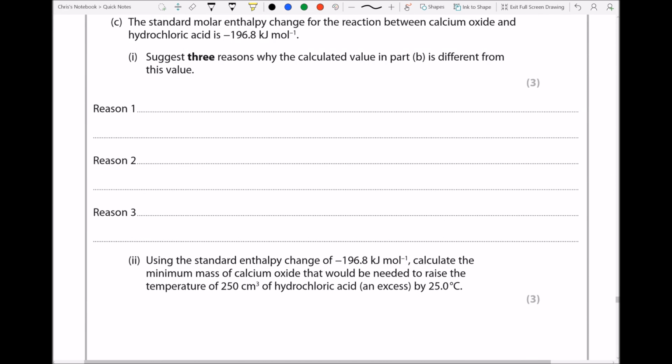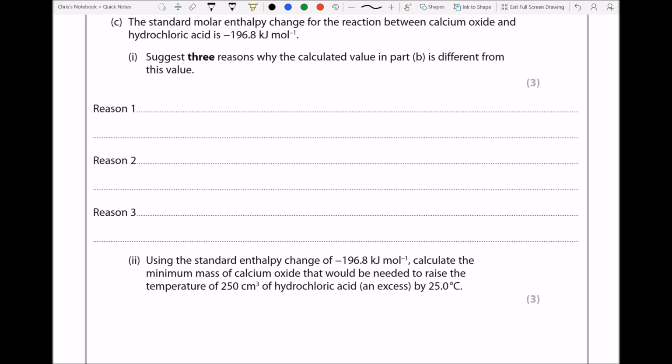Part C. The standard molar enthalpy change for the reaction between calcium oxide and hydrochloric acid is minus 196.8 kilojoules per mole. Suggest 3 reasons why the calculated value in part B is different from this value. Right, there's a number of reasons. We'll look for 3 reasons here, but things that can affect the temperature or the loss of energy.